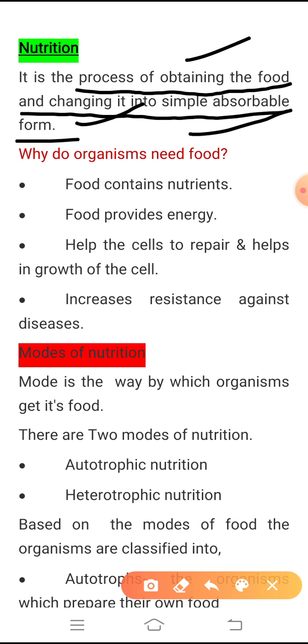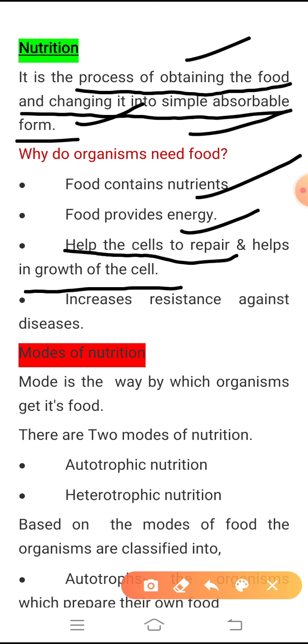Okay, so why do organisms need food? Because the food contains nutrients. Food provides energy, and by taking food, the food helps the cells to get repaired, and it also helps in the growth of cells.